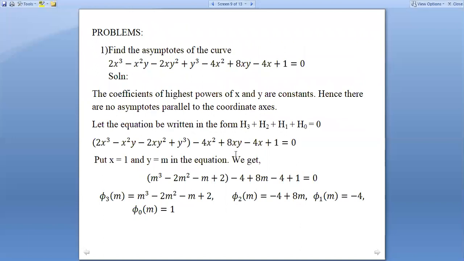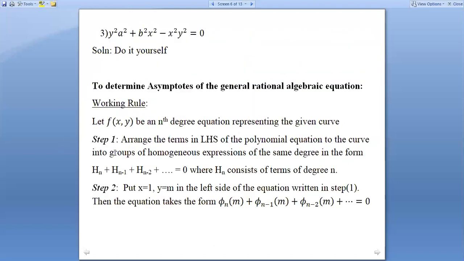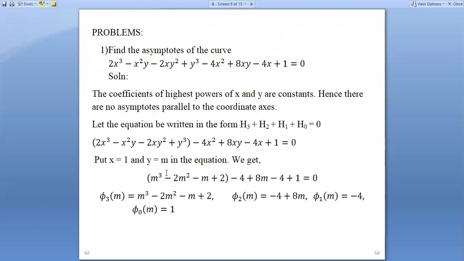Problems. Let us look at the problems on asymptotes here. First problem, find the asymptotes of this curve. The first step was you need to arrange the terms having same degree. Before that, you need to first find out whether there are asymptotes parallel to the coordinate axis.